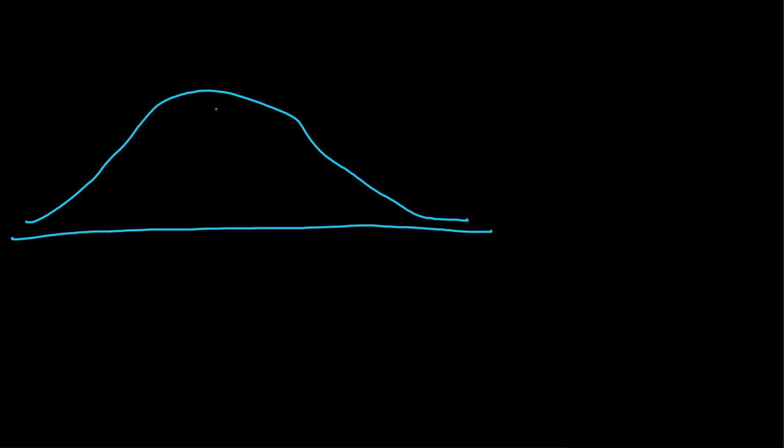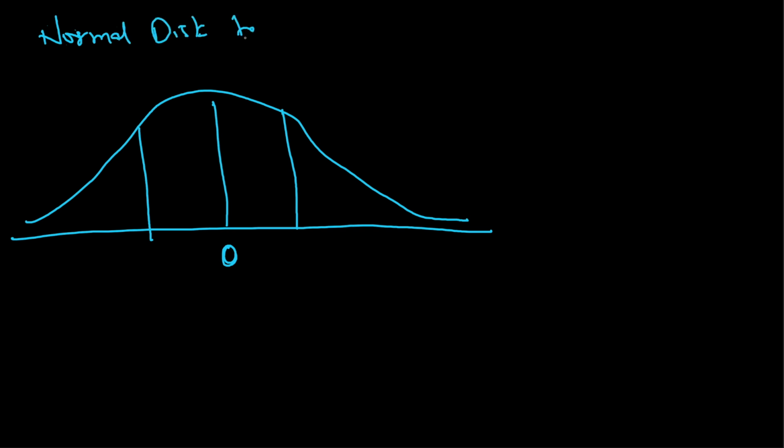So it has been observed that in a normal distribution, if I take this mean as 0, I'm converting the normal distribution to a standard normal distribution.